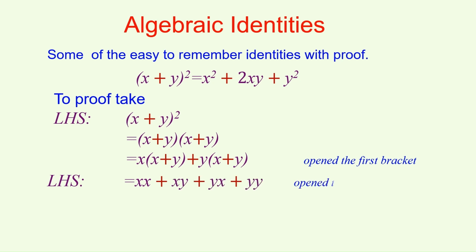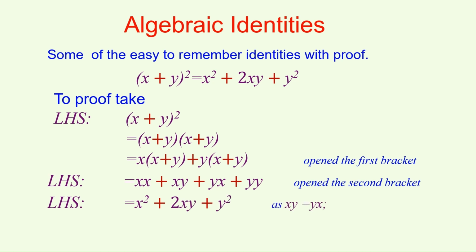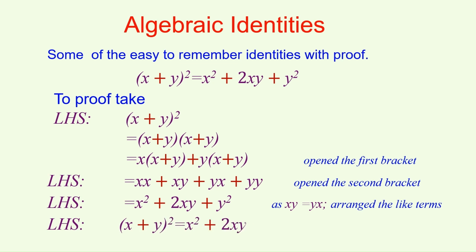Now equals x times x plus x times y plus y times x plus y times y after opening the second bracket. Left side equals x squared plus 2xy plus y squared, as xy equals yx, arranging the like terms. Left-hand side, x plus y whole squared, equals x squared plus 2xy plus y squared, equals the right-hand side.